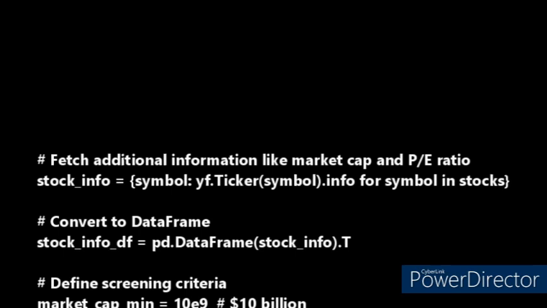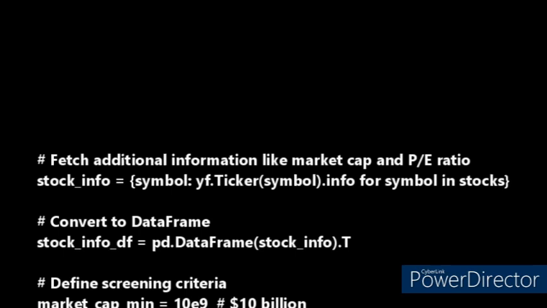Hash. Define screening criteria. market_cap_min = 10e9. Hash 10 billion rupees. PE ratio max is 20.